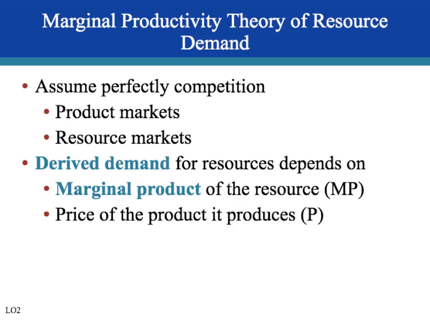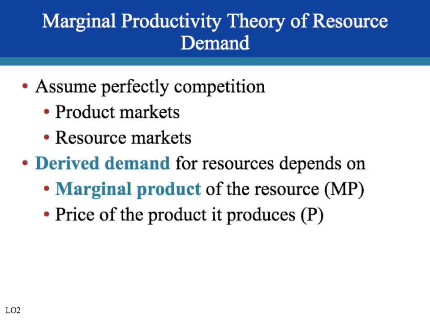To look at how much of a resource a firm demands, we're going to make a few assumptions first. We're going to assume that we're in a perfectly competitive market. Again, this simplifies things to get the main points across, and that both in product markets and resource markets, the firm is a price taker.